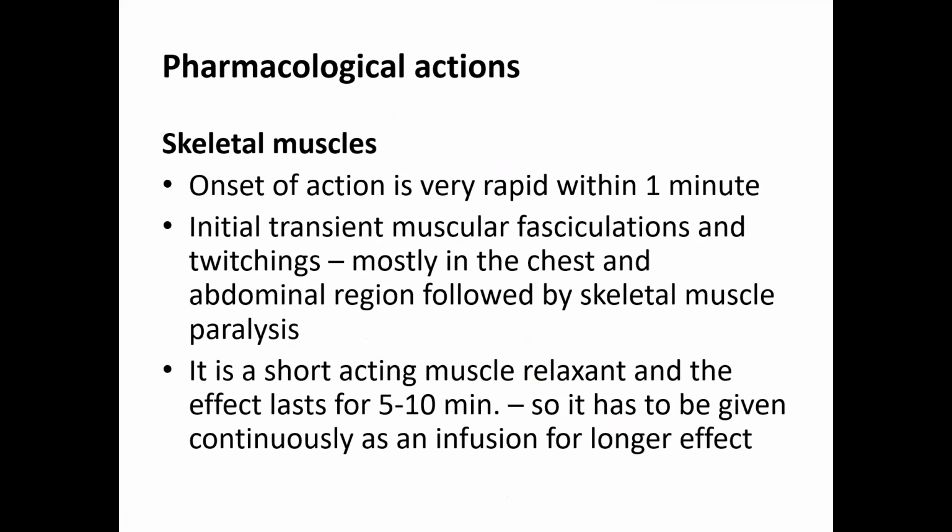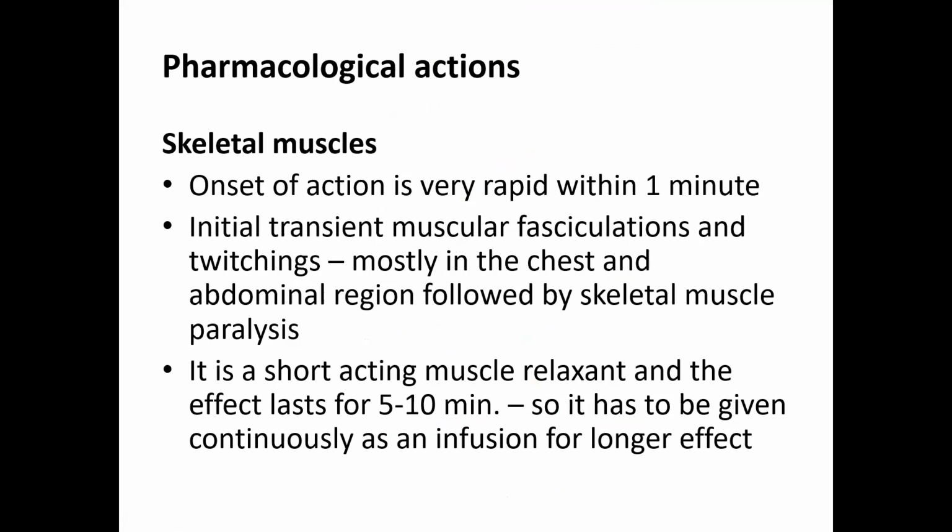And coming to the pharmacological actions of succinylcholine on skeletal muscles, the onset of action is very rapid, that is within 1 minute. Succinylcholine initially causes transient muscular fasciculations and twitchings because of the depolarization, mostly in the chest and abdominal regions, followed by skeletal muscle paralysis.